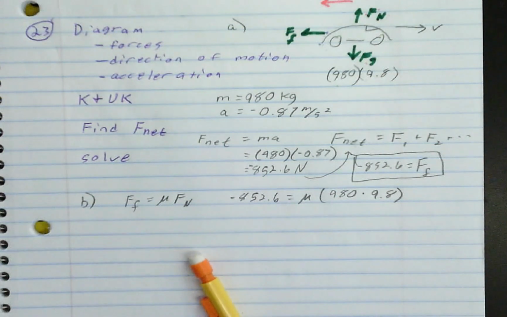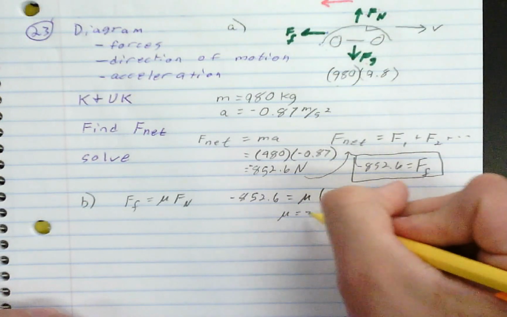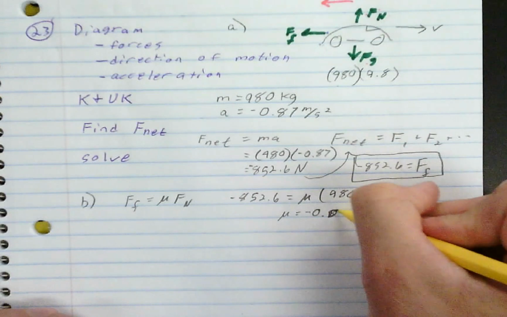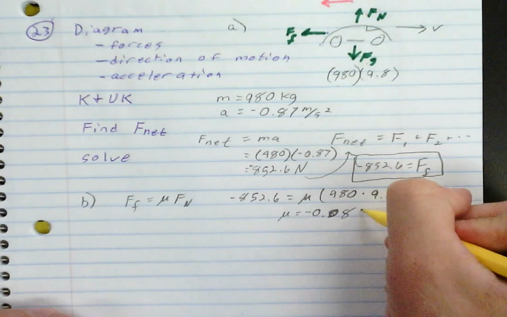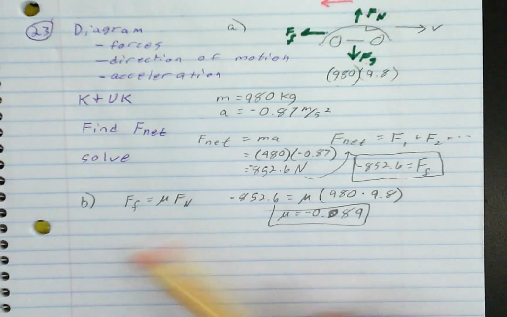And when I do that, I get a coefficient of friction of negative 0.8. Sorry, 0.089. There you go.